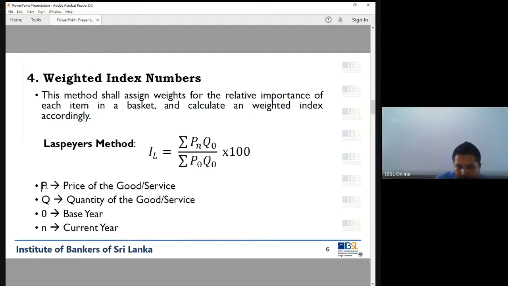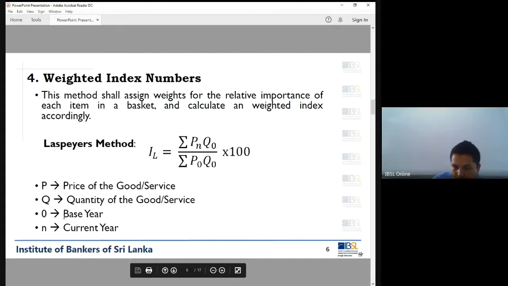P is nothing but the price of the goods or services. Q is the quantity. The 0 is the base year or the starting year, and N is the current year that we are going to consider for this index construction. So Pn means the price of the goods in the current year.